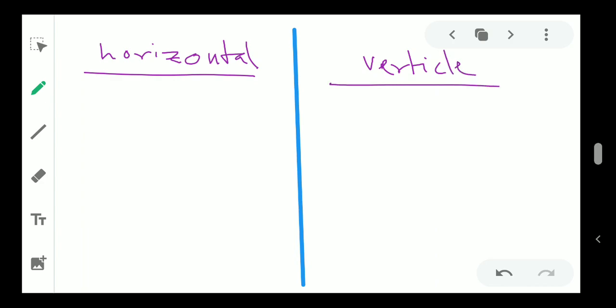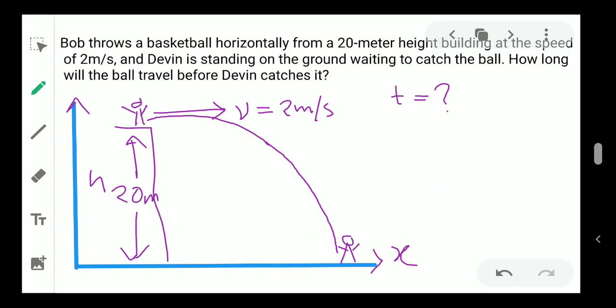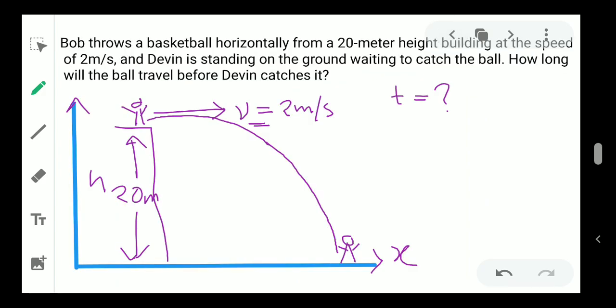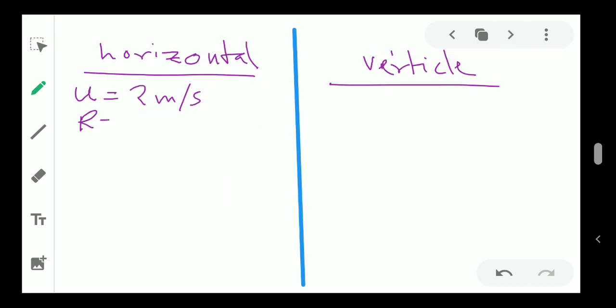This is the procedure, the approach: I will write all the data I have. In horizontal motion the initial velocity, or u, is 2 meter per second. Time is not known. The displacement, that is this r, is also not known.